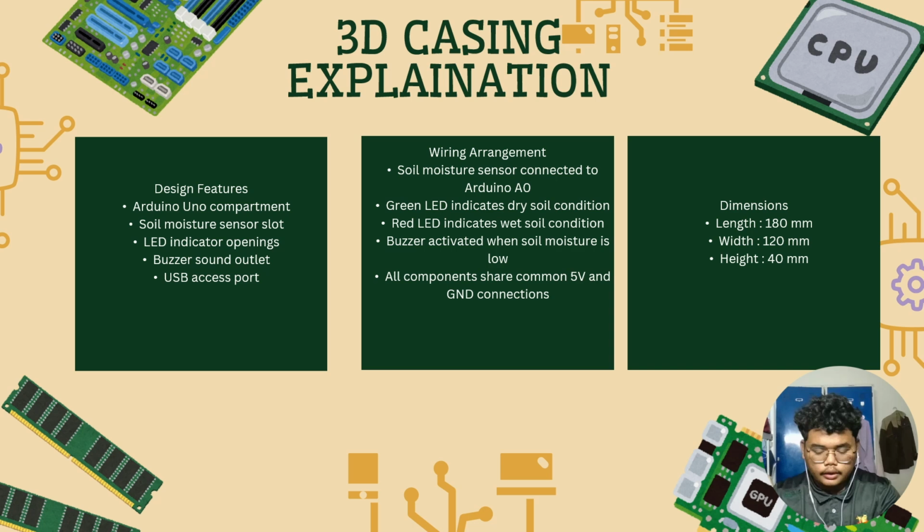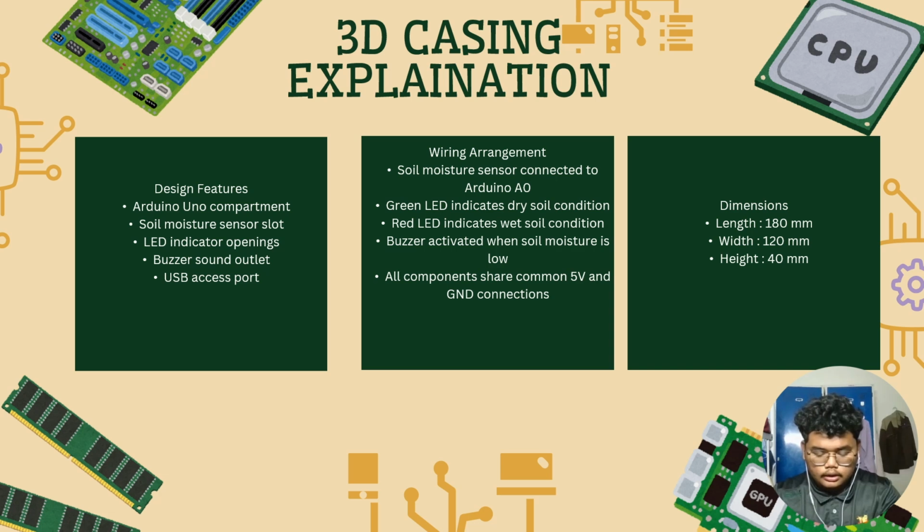In terms of wiring arrangement, the soil moisture sensor is connected to the Arduino through analog pin 10. The green LED indicates that the soil is dry and requires watering, while the red LED indicates that the soil contains sufficient moisture.